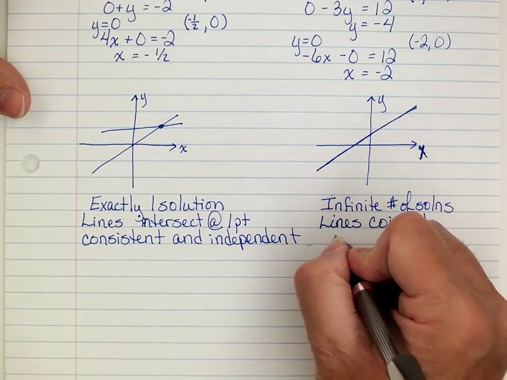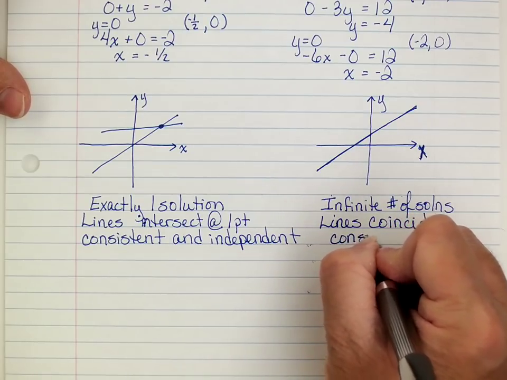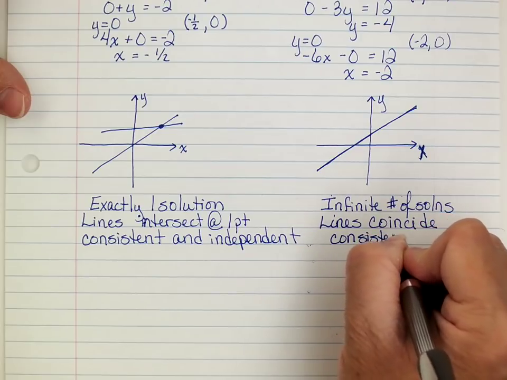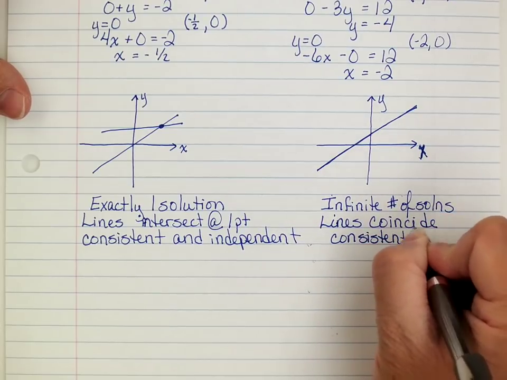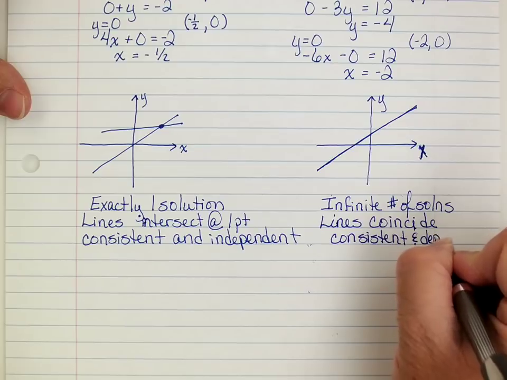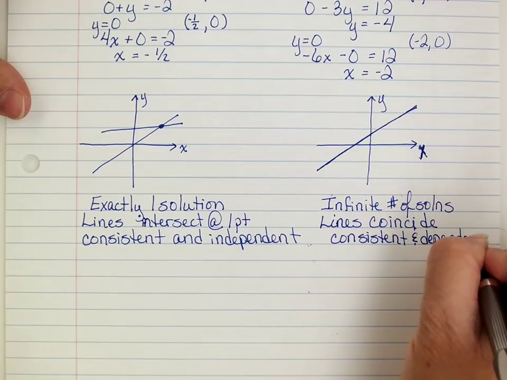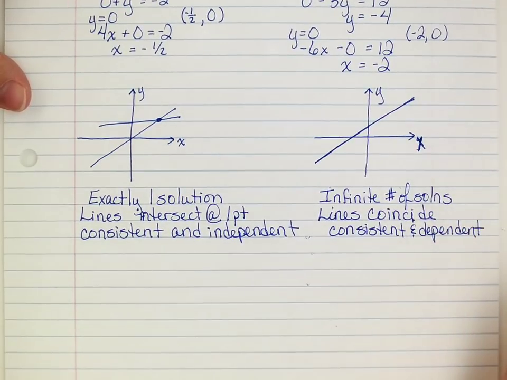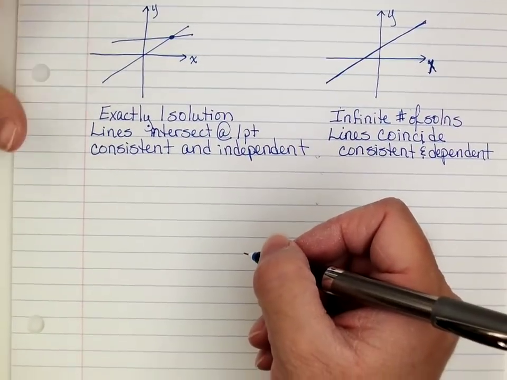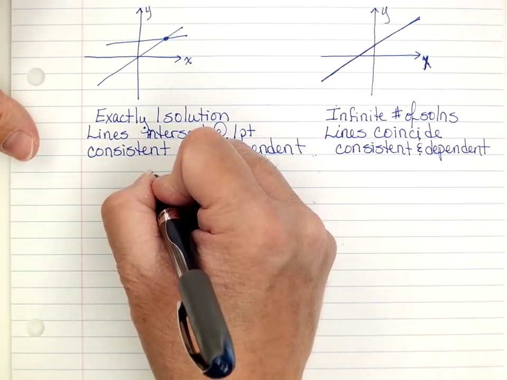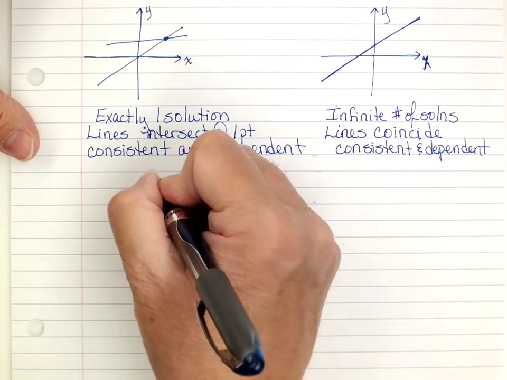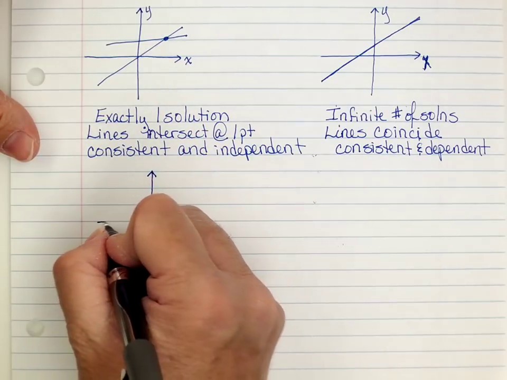Now this system is consistent, but it's dependent. Those lines are not independent of each other. They are dependent. And that takes us to the most interesting system of all.